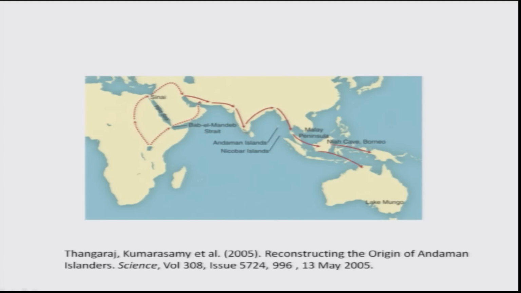People thought that they went straight this way, but what we understand is that they probably went through the sea route. They did not go through the land route, but probably went through the sea route to the other parts of the world. This is the current hypothesis.